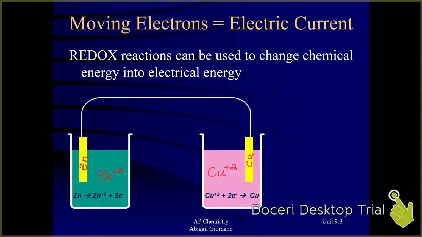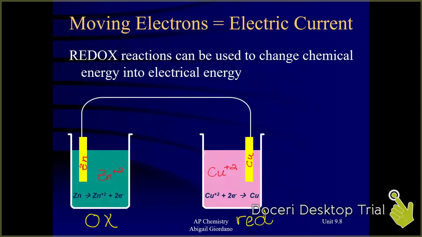Okay, let's focus our attention first on the one on the left. I can see that the zinc half reaction is producing, giving away those 2 electrons. They're on the product side. This is the half reaction that was oxidation. And on the right-hand side, copper is gaining 2 electrons.